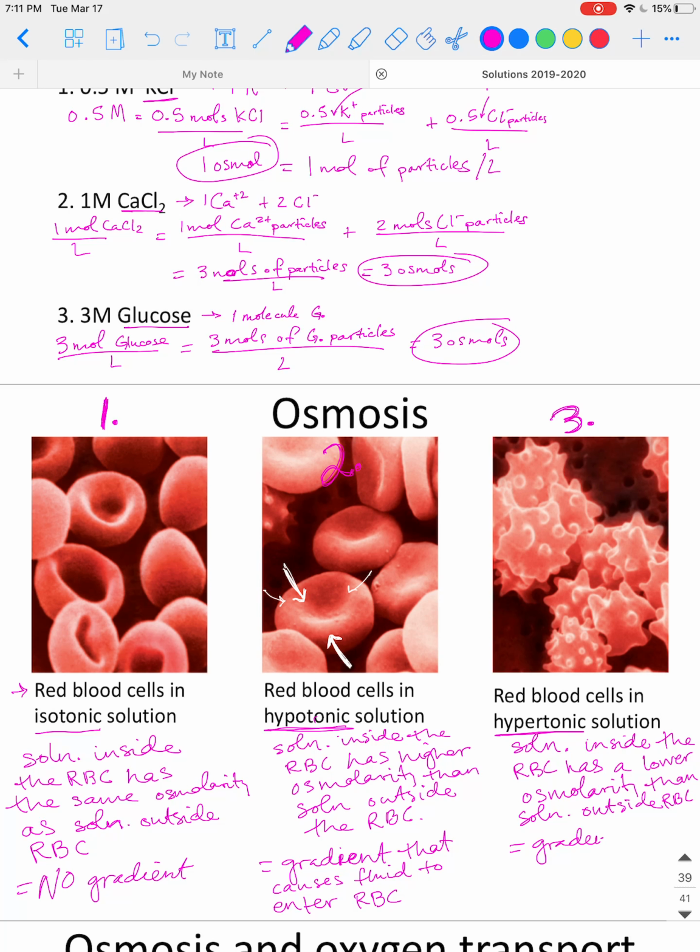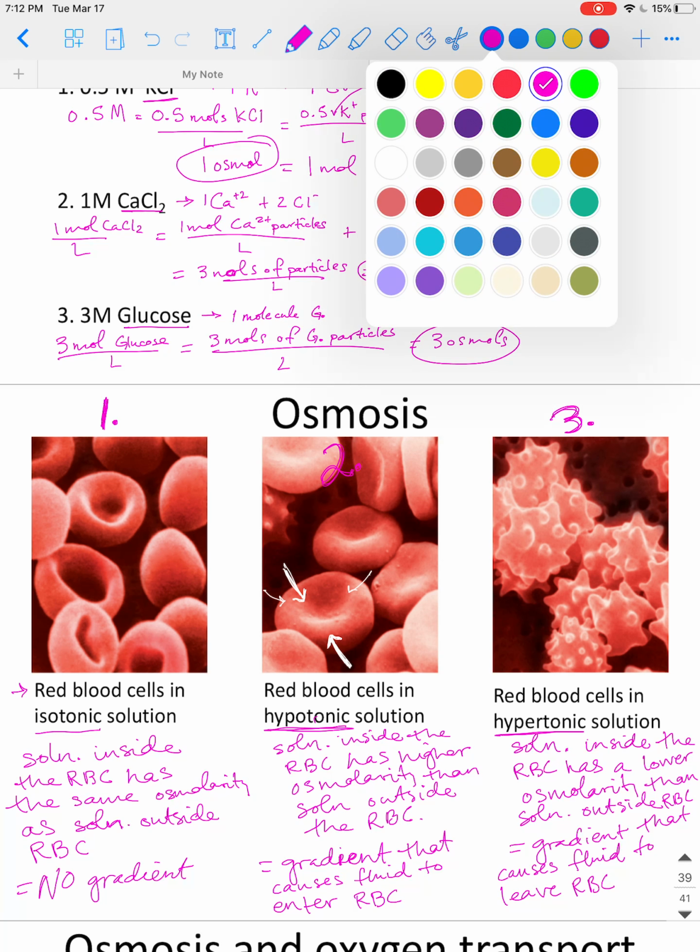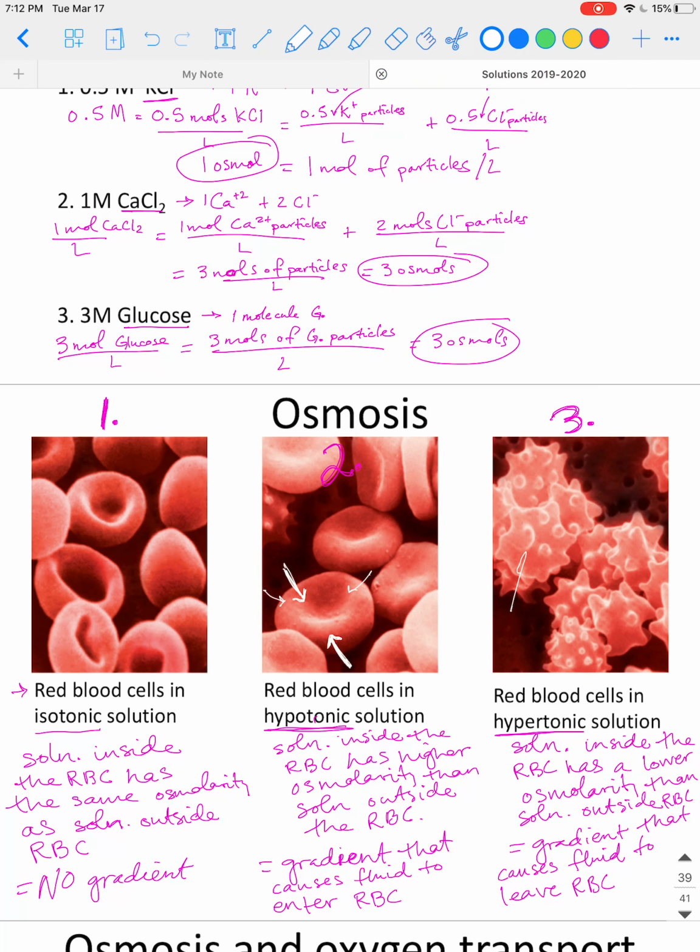So this also sets up a gradient that causes fluid to leave red blood cells and rush out of the cells.